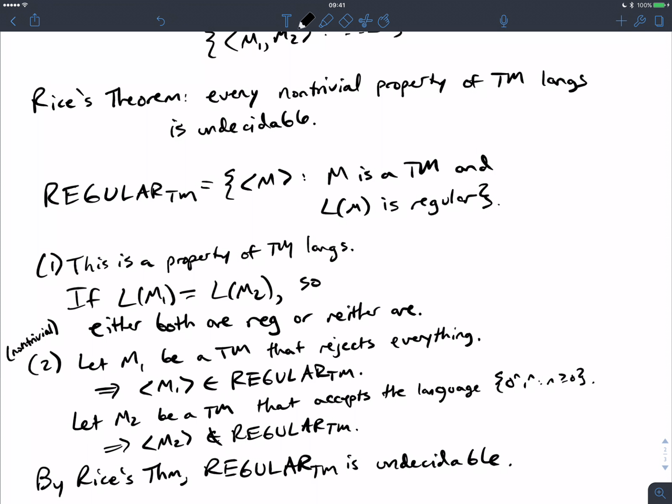I said M2 is not in regular TM because it doesn't have a regular language. I don't understand how it's proving that. I'm just applying the theorem which says every non-trivial property is undecidable. And just because now I showed it's a non-trivial property, it must be undecidable by the theorem.